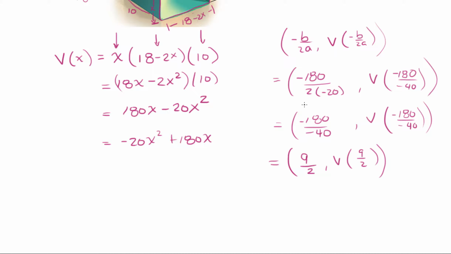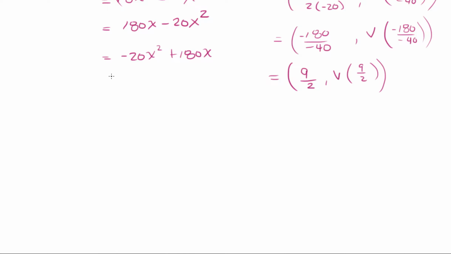Now, you can also proceed by completing the square, so we're going to do that as well. In order to complete the square, we factor out the negative 20, and you're left with 180 over 20 x. So negative 20 times x squared minus 9x.